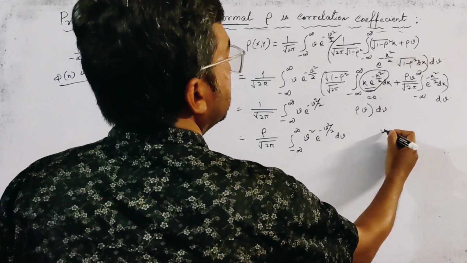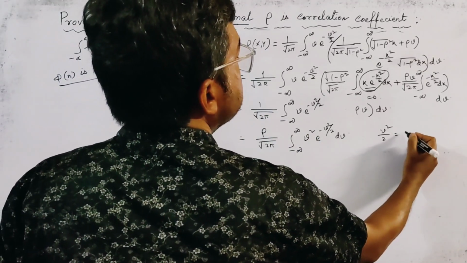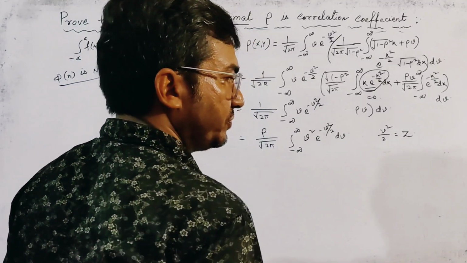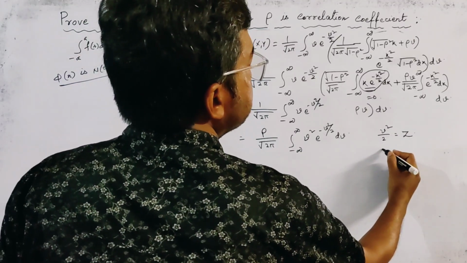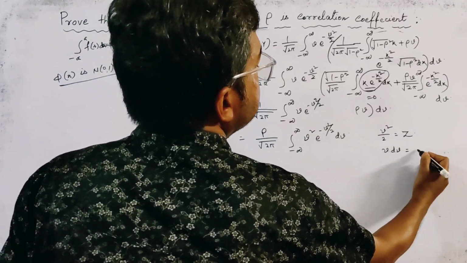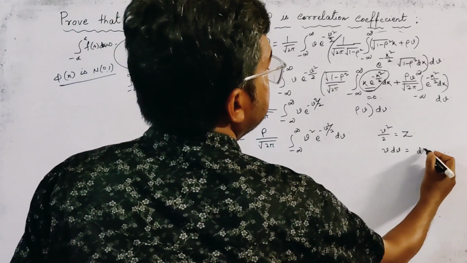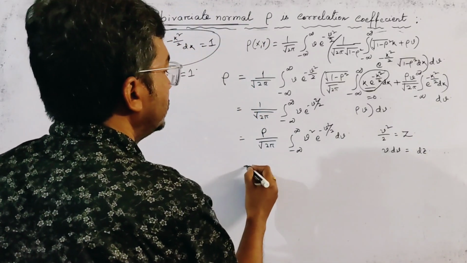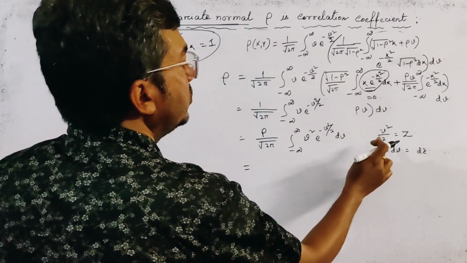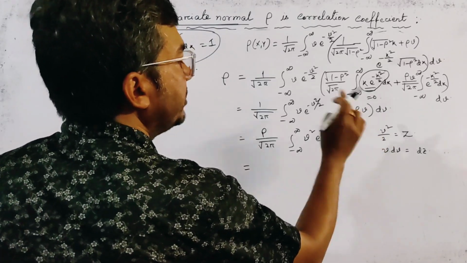We put v square by 2 equal to z, and this gives v dv equal to dz.